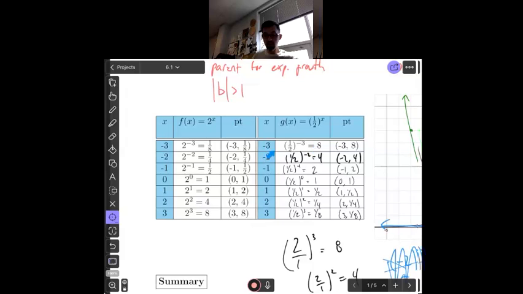The ratio is the later one, the higher t value, divided by the lower t value. 2 divided by 1 is 2. 1/4 divided by 1/8 is 2. 8 divided by 4 is 2. So always take the later one and divide it by the earlier one. That will give you your ratio. That's what I'm going to take advantage of here.